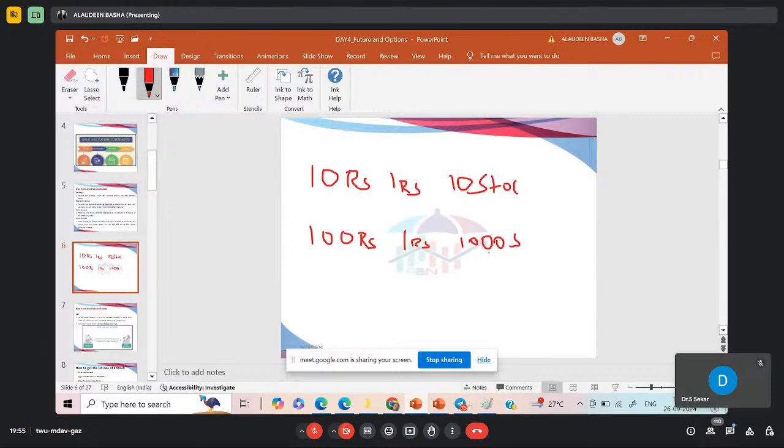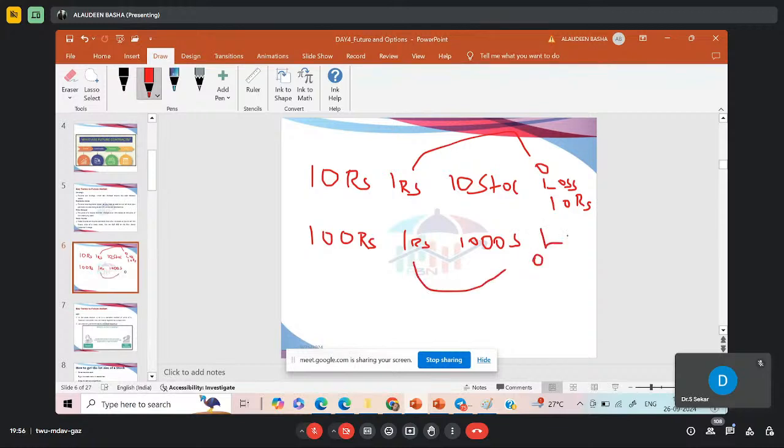In case the 1 rupee stock becomes 0, what is your maximum loss? 10 rupees. Your maximum loss is 10 rupees. The same scenario with leverage: the 1 rupee stock becomes 0.